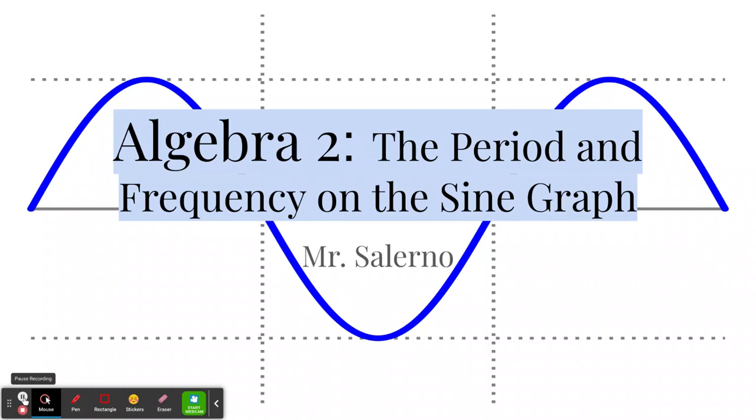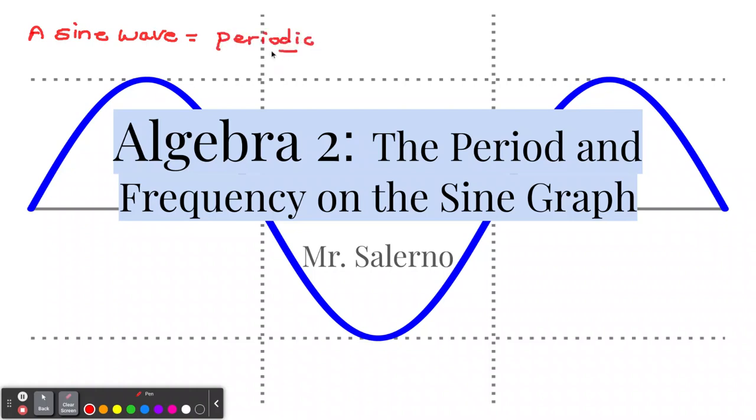Let's draw one. But before that, let me make sure we write the definition for you. So a sine wave that we put on the graph, that's what it's doing. It's waving. A sine wave is going to go through periodic, and the word periodic just means it's going to repeat.